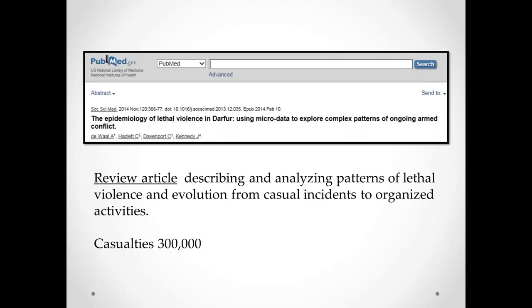Here's another example, which is a review article, The Epidemiology of Lethal Violence in Darfur, using microdata to explore complex patterns of ongoing armed conflict. This is a review article describing and analyzing patterns of violence and its evolution from casual incidents into organized violent activities. Casualties, 300,000 people.